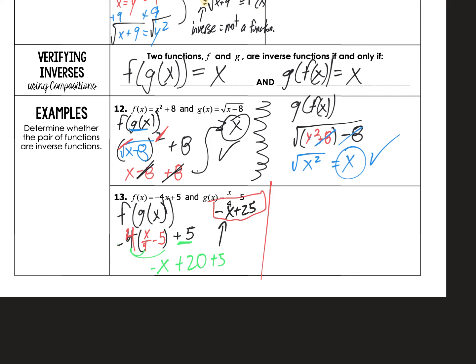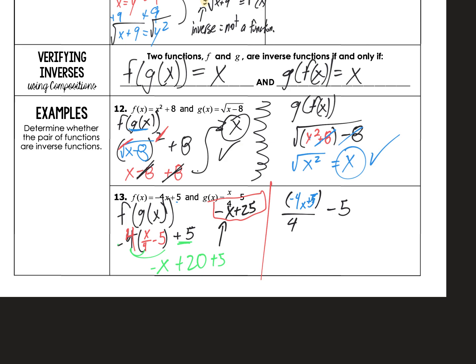So now we'll do it the other way. I've got blank divided by 4, and that's going to be minus 5. And in my blank, what am I going to plug in? The f, so negative 4x plus 5. Once again, you might be tempted to try and get these 5's to cancel out.